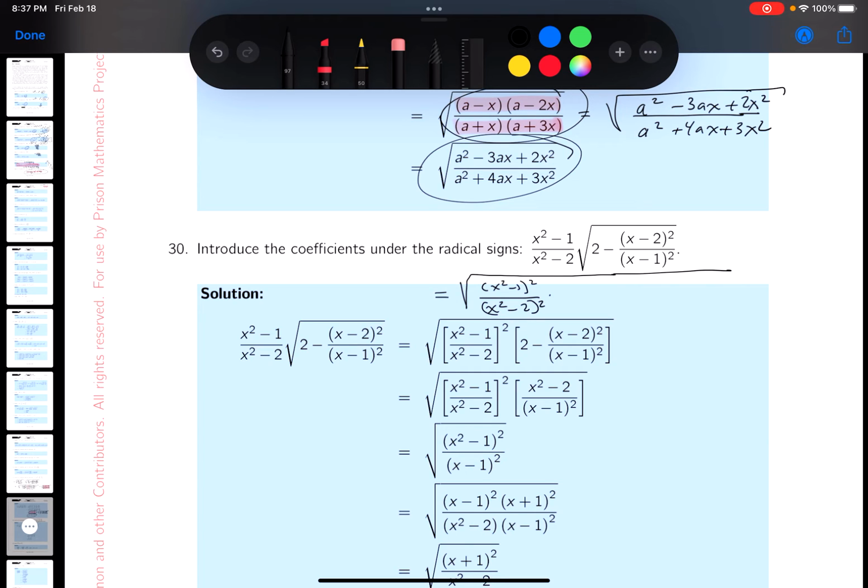I brought that on the inside. And now what I'm going to do is I'm going to simplify this guy, which is x minus 1 squared. And then it's going to be 2, x minus 1 squared minus x minus 2 squared.